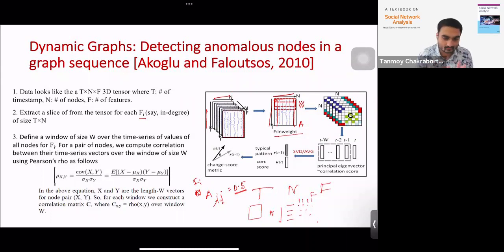Now let's fix this window, 0 to 5, 1 to 6.